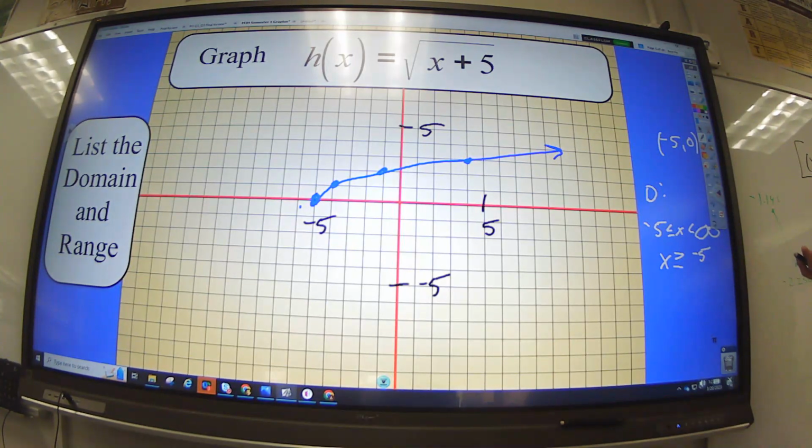You just need to communicate to me, right? It's just greater than -5. The range, what do we start at? 0 to infinity. Oh, make sure you put the line underneath the 0, not the infinity. Domain and range.